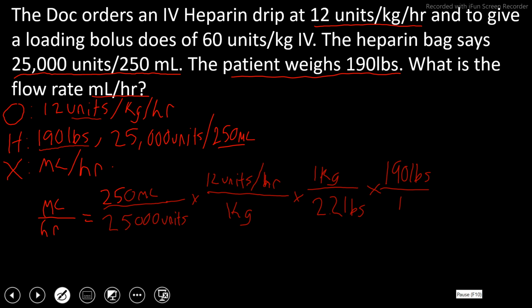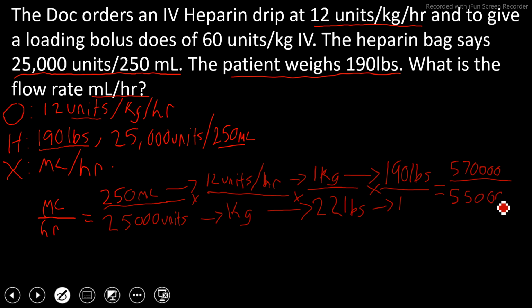Now we multiply across the top. So 250 times 12 times 1 times 190 equals 570,000 over 25,000 times 1 times 2.2 times 1. That's going to equal our 55,000. Now we divide that out, and I get 10.3636364.